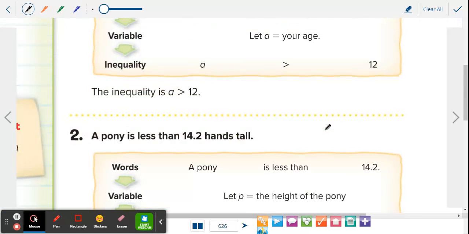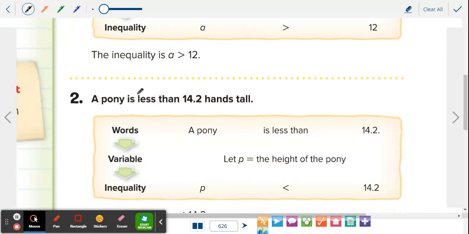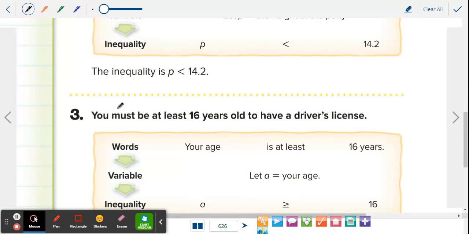Number 2, a pony is less than 14.2 hands tall. I'm just going to use P for pony. 14.2 is our number. If it's less than that number, how would we write this? P is less than 14.2. That's all I want you to do. Look for these words right there. This one is, you must be at least 16 years old to get a driver's license.